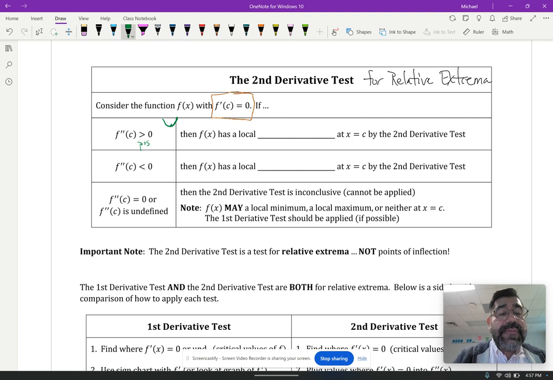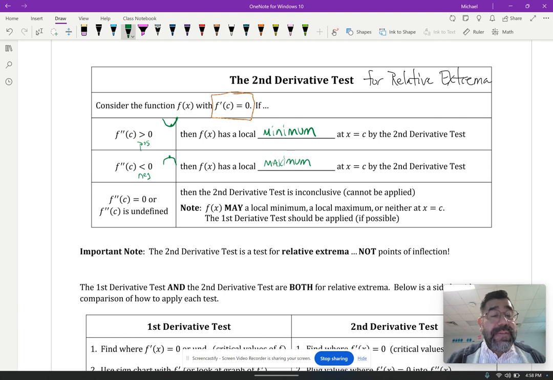And if it's concave up, then f of x has a local minimum at x equals c by the second derivative test. Or if the second derivative is less than 0, that means the second derivative is negative. That means it's concave down. That means I have a local maximum at x equals c by the second derivative test.